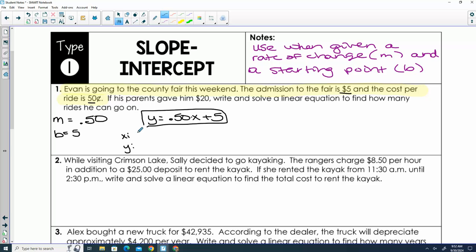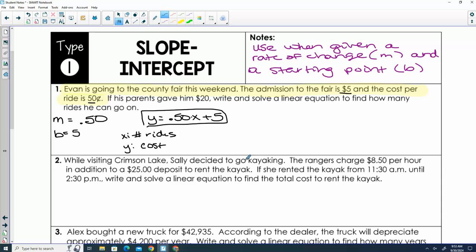Just like in words, that's the number of rides. This whole equation is telling us our cost. How much does it cost him to go to the fair? Because he has to take 50 cents times every ride that he goes on, plus the one-time $5 to get in.